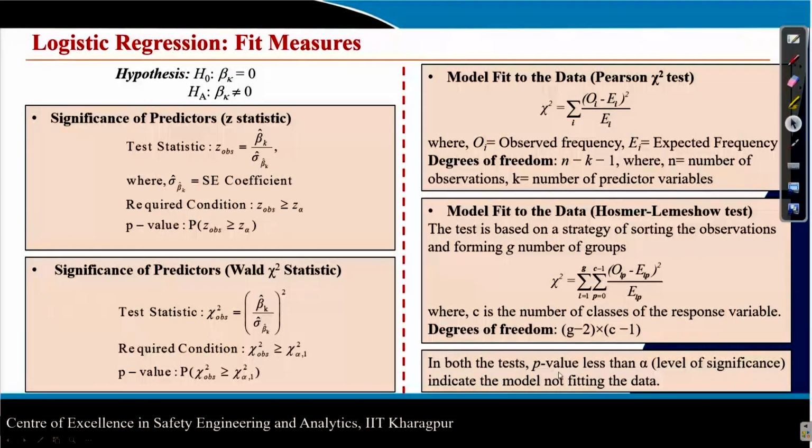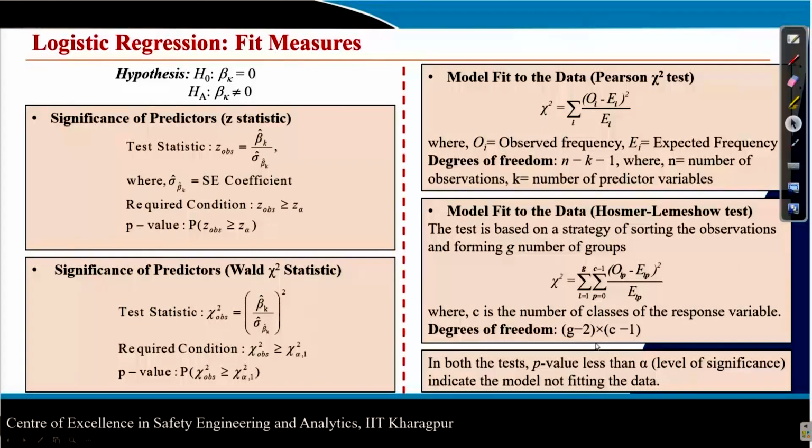Okay. So, in both cases, if the p value is less than the level of significance, that indicates that the model does not fit the data. Suppose we are considering logistic regression, here the null hypothesis is that the logistic regression fits the data. The alternate hypothesis is that the logistic regression does not fit the data. So, if the p value is less than the predetermined alpha, we say that the model is not fitting.